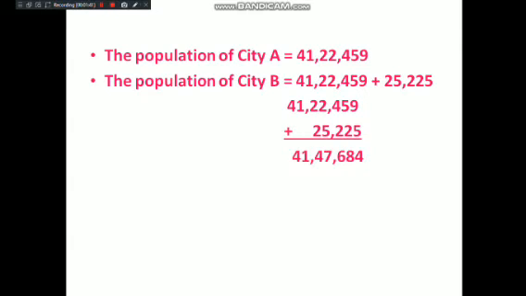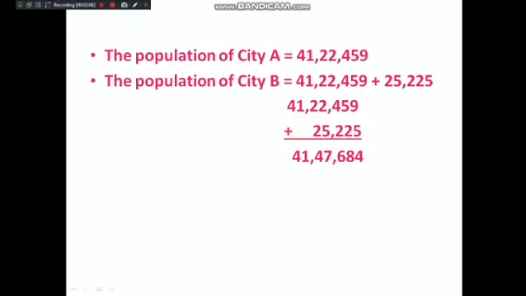9 plus 5 is equal to 14. Write here 4 and 1 is the carry. 5 plus 2 is equal to 7. 7 plus 1 is equal to 8. 4 plus 2 is equal to 6. 2 plus 5 is 7. 2 plus 2 is 4.